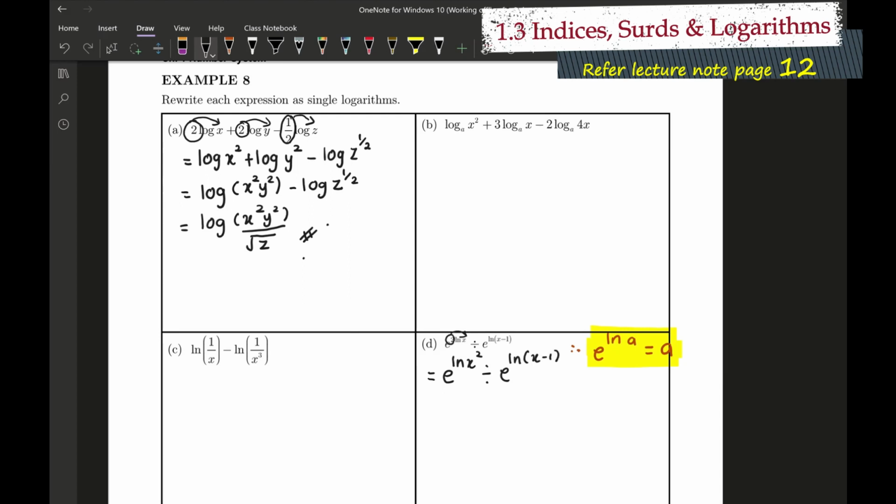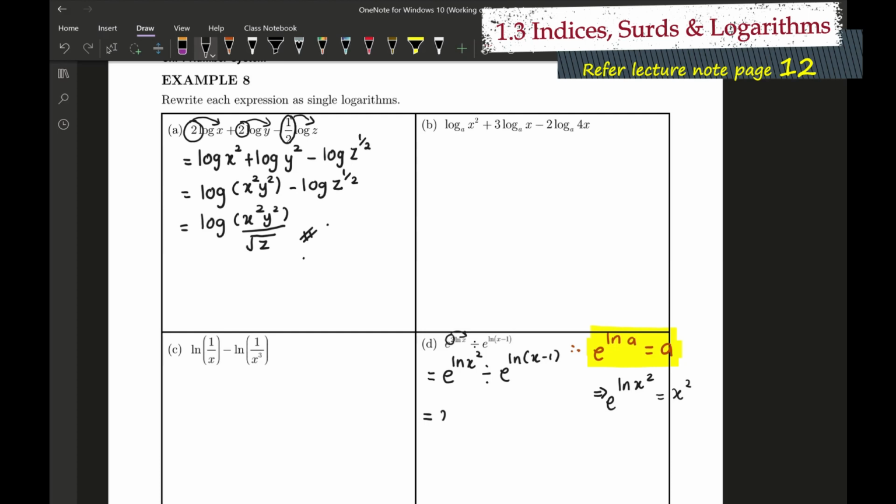Okay, now you can see that e to the power of ln A equals A. So, by using these properties, we can see that e power of ln x square will become x square, right? So, write down that here.